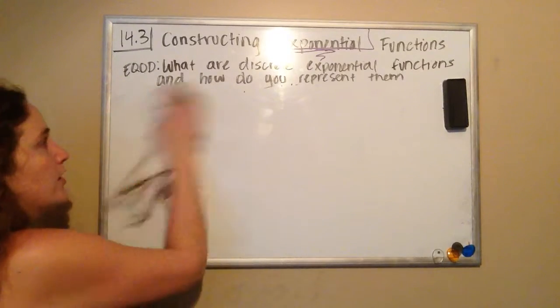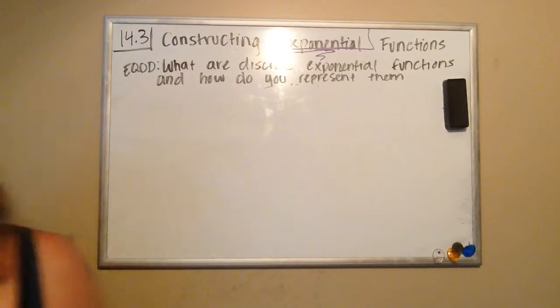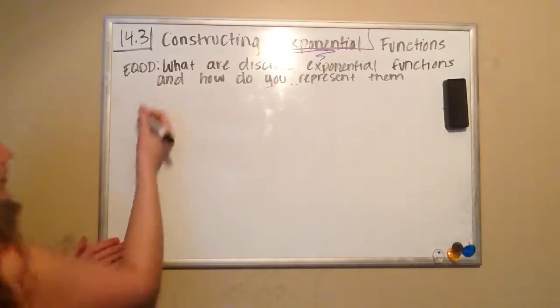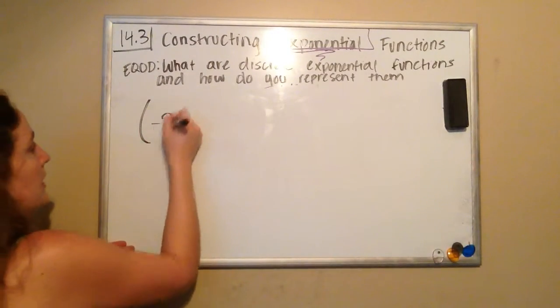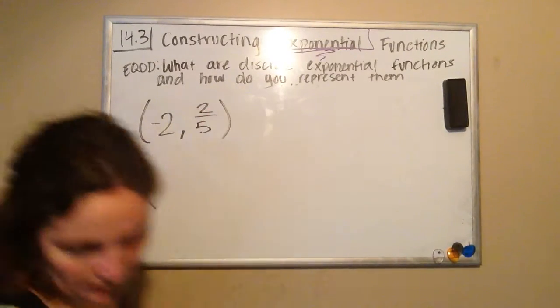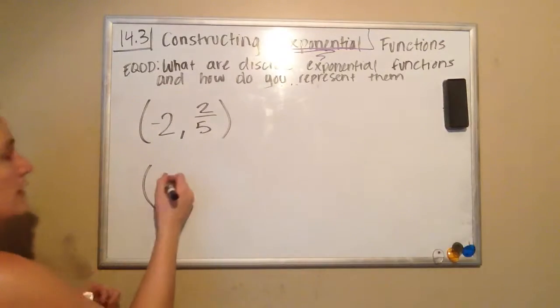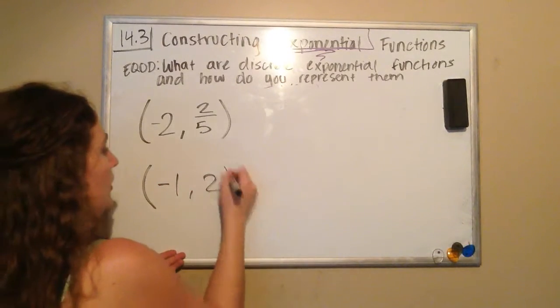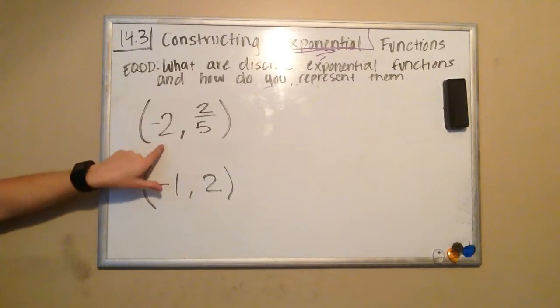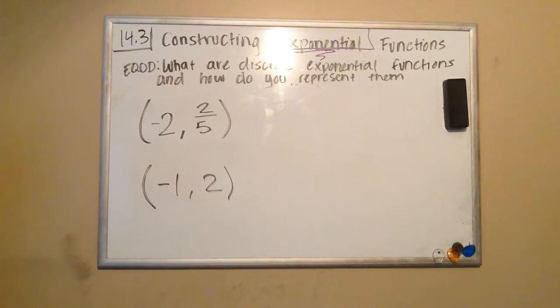Alright, we're going to do one with fractions, and then you're going to do one with fractions, and then you'll be done with this video. So we have the two coordinate points, -2, comma 2/5, and -1, comma 2. Alright, so for this case right here, we don't have the first term, because we have the negative second term and the negative first term.